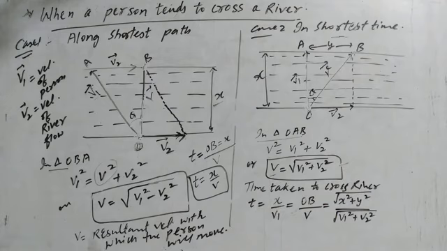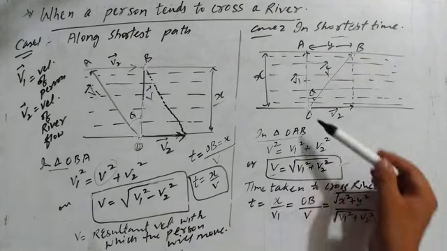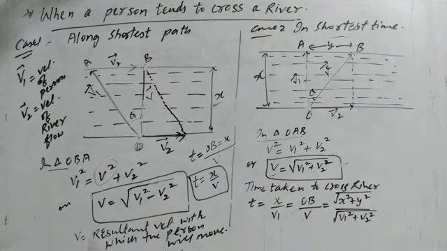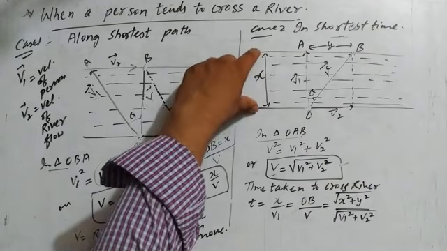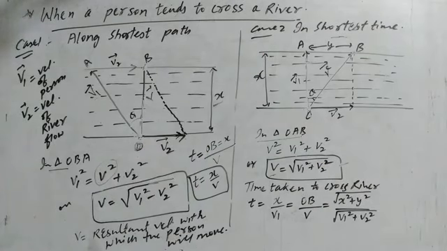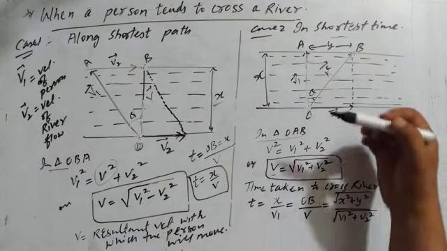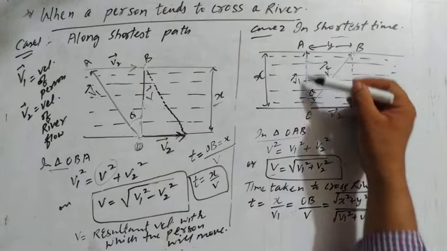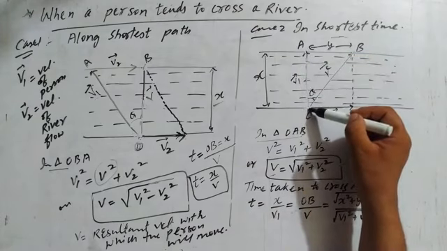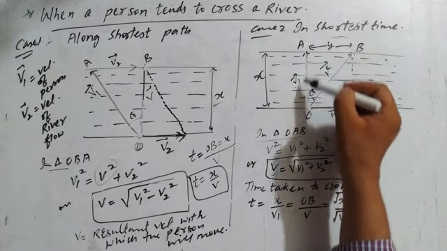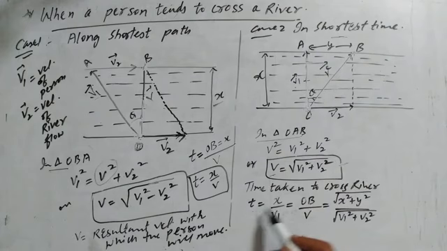Now we have to find out the time in which the person will cross the river. If x is the width of the river, then time should be equivalent to distance upon velocity. Now if the person goes along this direction with the velocity v1 and has covered a distance x, the time will become x upon v1.